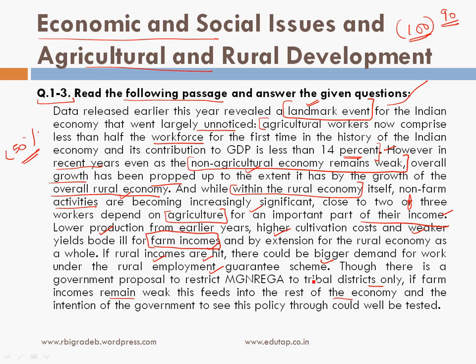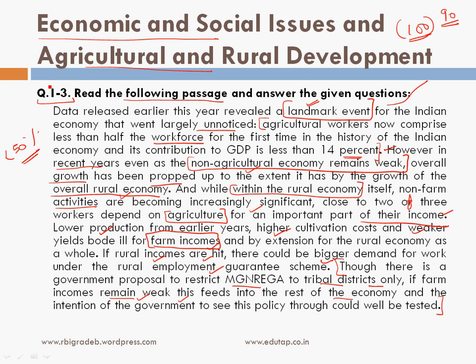So what this last paragraph is saying is that if the farm incomes remain weak due to these factors, lower production, higher cultivation costs, then maybe more workers will seek work under NAREGA, and the government is thinking of restricting NAREGA to only the tribal districts. But once more people seek work under NAREGA, it may become difficult for the government to push this policy of restricting NAREGA only to the tribal districts. So this is the complete passage.